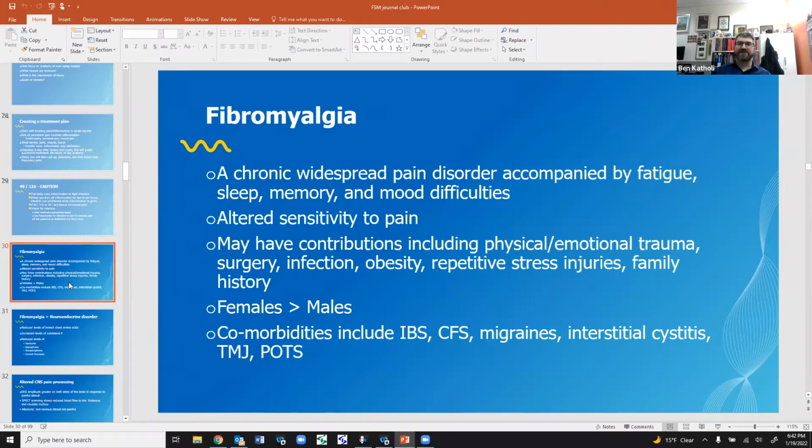There are some specific genes, definitely in fibro and in a few other categories. You'll hear arguments that it's just the environment they grew up in, but there are actually genes that have been identified and implicated in chronic pain syndromes. This has a higher preponderance in females greater than males. And then there are some associated characteristics that we see in fibro.